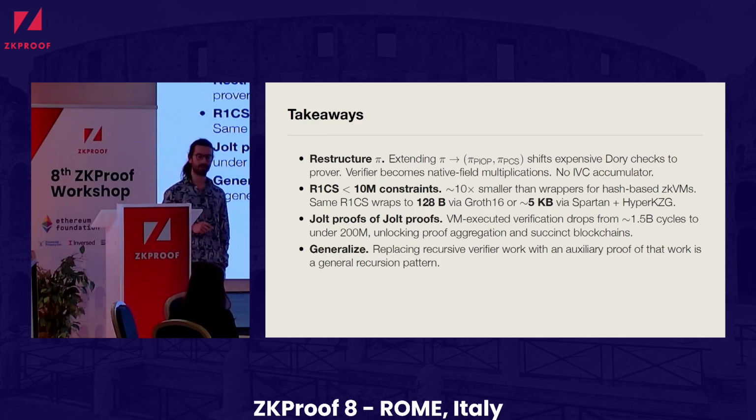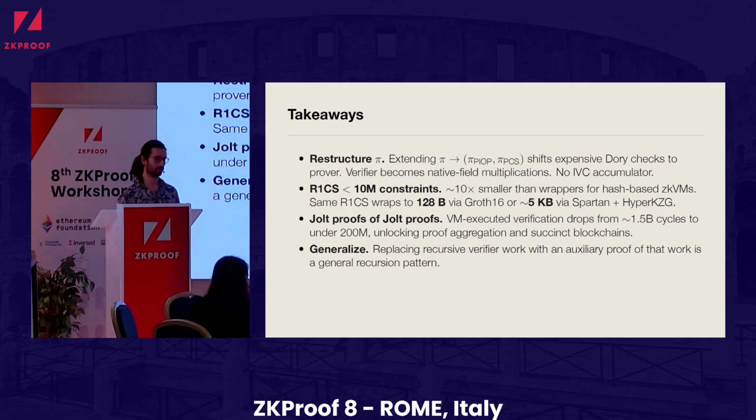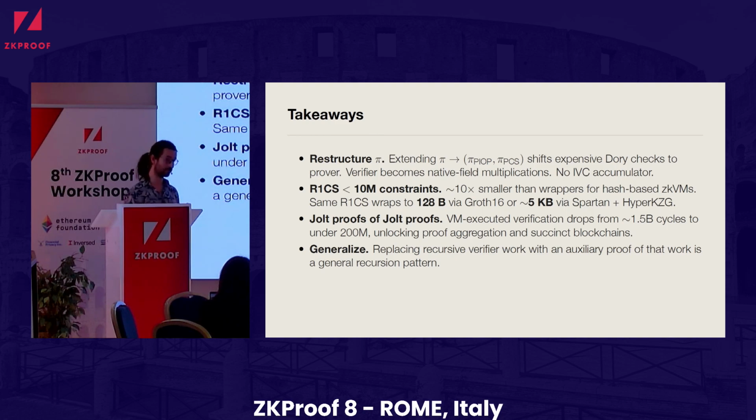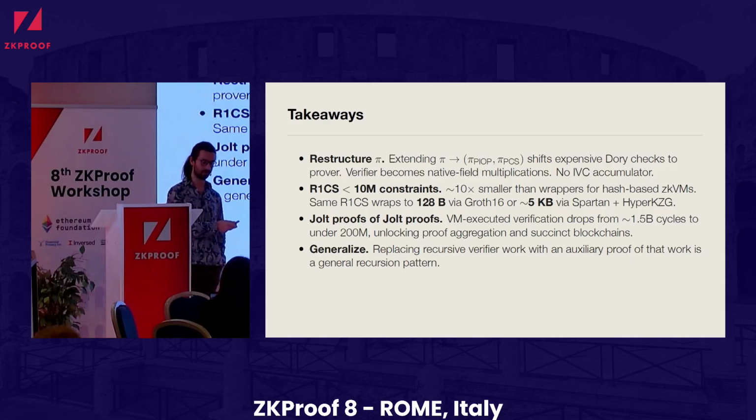So the takeaways, again, as I was saying, we get a lot of benefits from understanding the structure of our computation, in this case the structure of the verifier in a recursive setting. We extend our proof to a tuple of proofs, and we shift the checks for Dory to the prover. We also don't need folding.